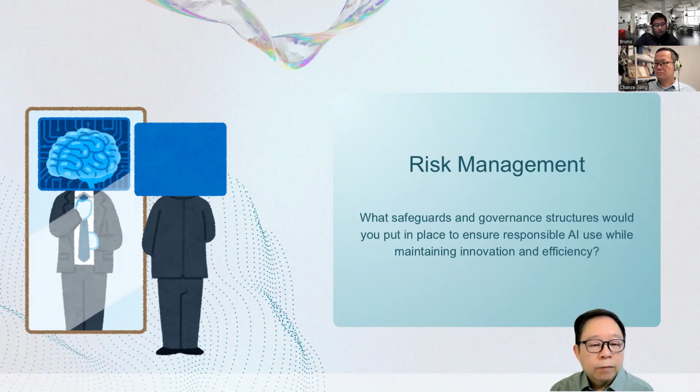Also, this is what we call risk management, based on the possibility of it happening and how big the impact is. So if the possibility of happening is very low, but if it happens, the impact is very great, then a process needs to be put in. And how can this risk be mitigated?